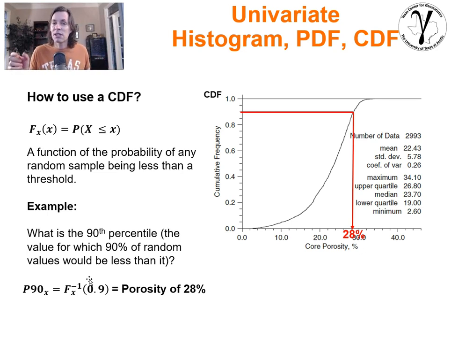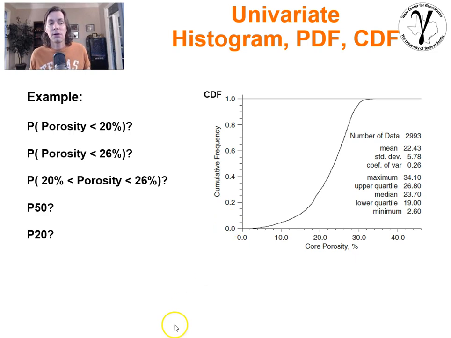Some companies reverse it and they call that a P10. I'll use the method of P90 being all values, 90% of values being less than. So in that case, we get the P90 value. We come here to 0.9, go across, come down, 28% porosity. That's our 90th percentile for our porosity distribution. That's very powerful. We can get that directly from our CDF.